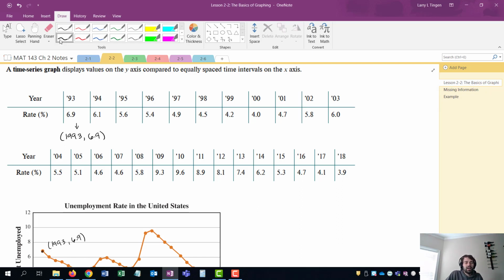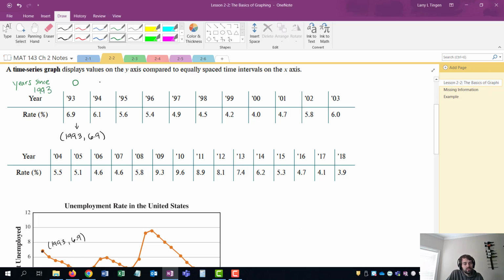So sometimes what you'll see is instead of the actual year, they'll take the first year that they have data and call that year 0. And then the time will be years since 1993.